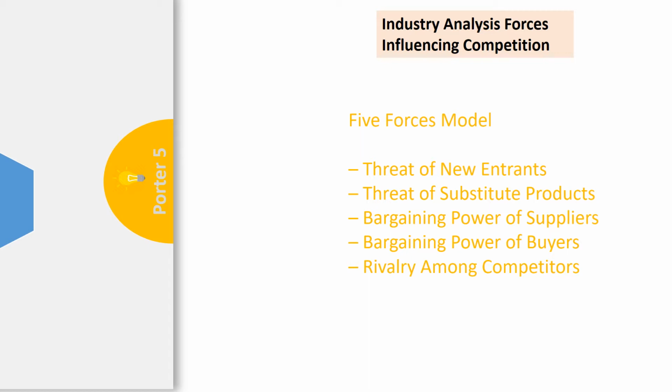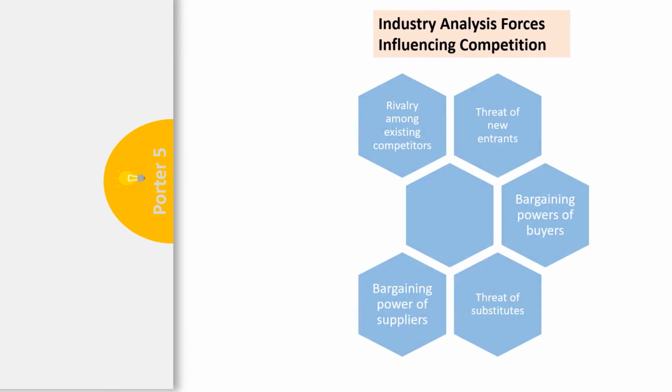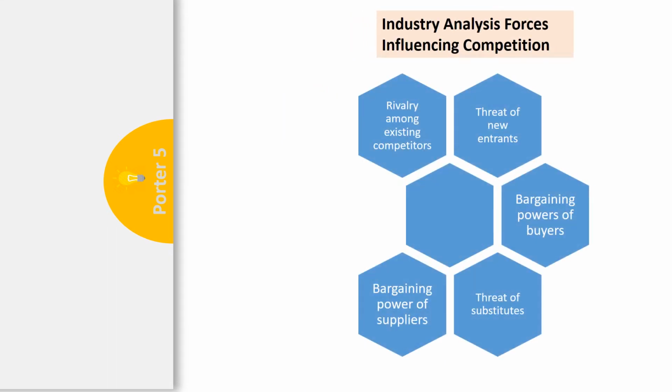So we've seen Porter's five force model, and the different elements of Porter's five force model includes the threat of new entrants, the threat of substitute products, bargaining power of suppliers, bargaining power of buyers, and the rivalry amongst competitors. So we've got the 5 different areas of Porter's five force.